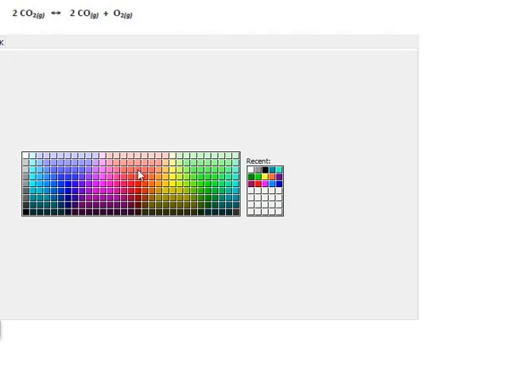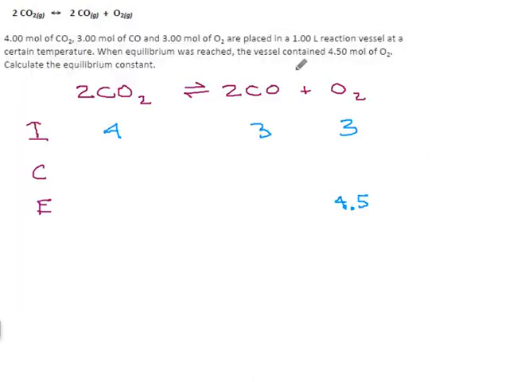Okay. What can we figure out from what they've just given us? We got a difference here. We started with 3 moles of oxygen. We end up with 4.5 moles of oxygen. That means net gain of 1.5 moles of oxygen. That much was created. When you create oxygen, you create twice as much carbon monoxide.